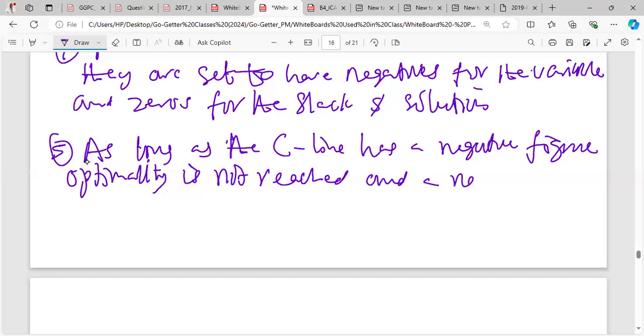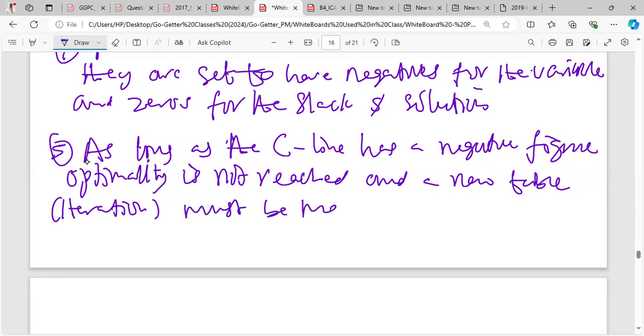And a new table, or I say iteration, must be made.